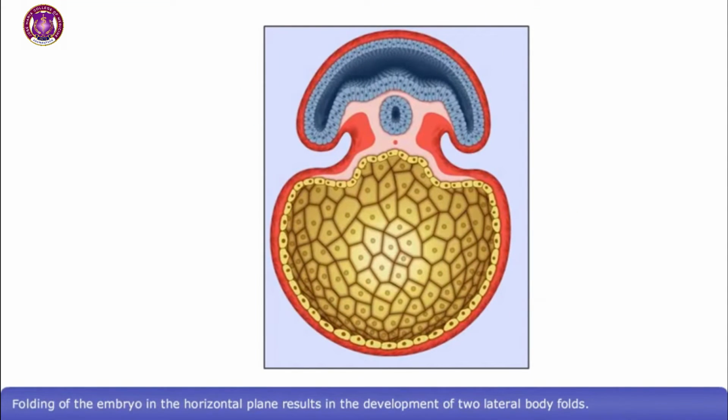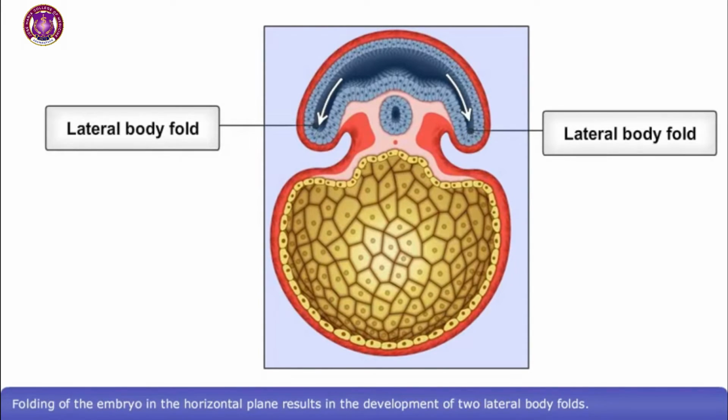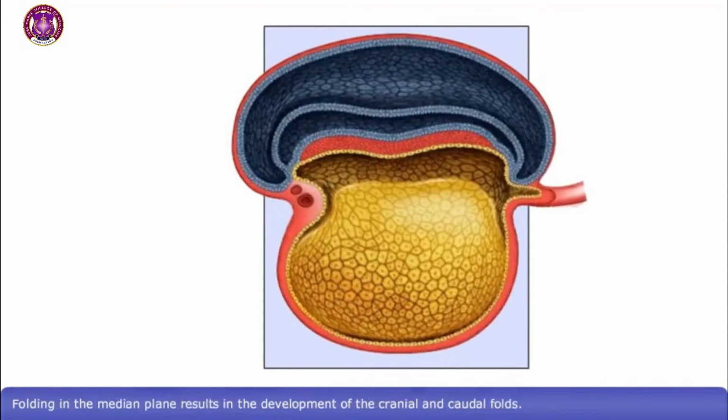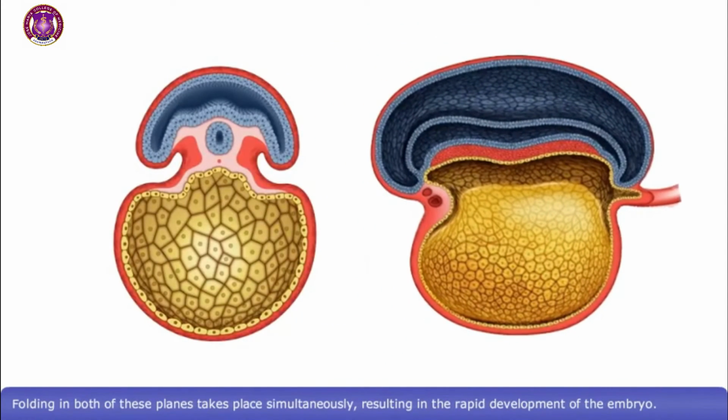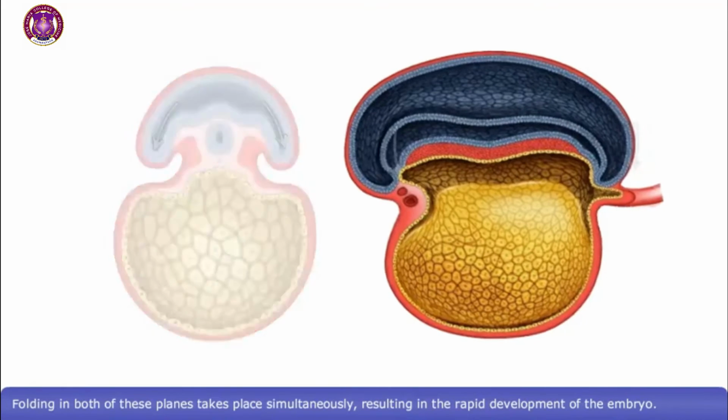Folding of the embryo in the horizontal plane results in the development of 2 lateral body folds. Folding in the median plane results in the development of the cranial and caudal folds. Folding in both of these planes takes place simultaneously, resulting in the rapid development of the embryo.